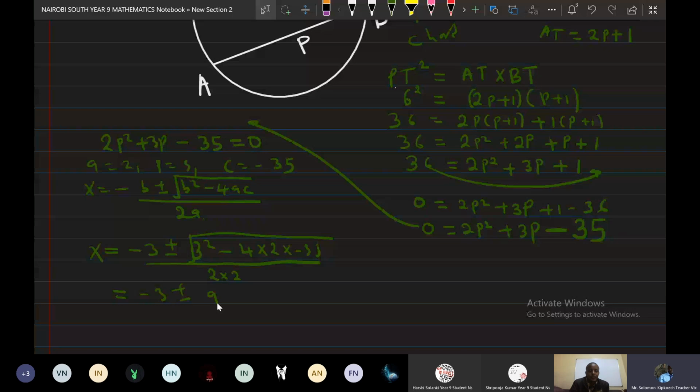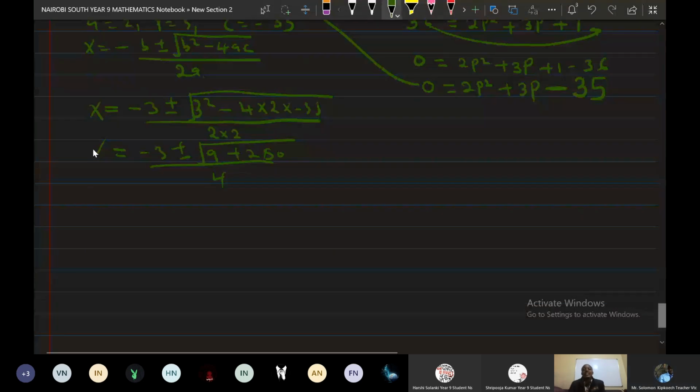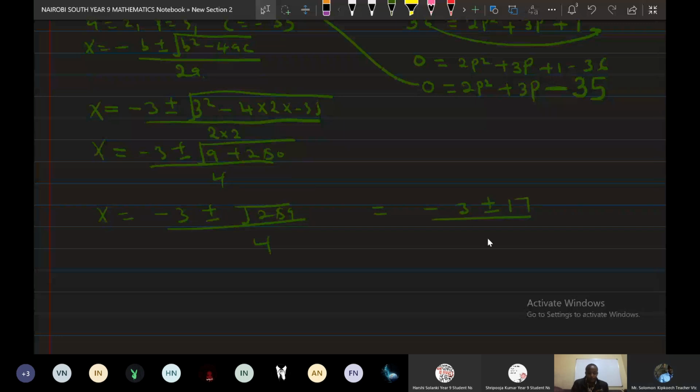Up there we have 9 minus 280, you get negative 271... rather, as stated, the square root of 289. And what's the square root of 289? Class? 17.